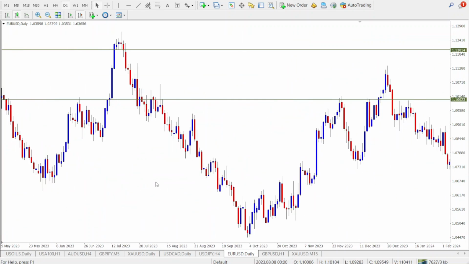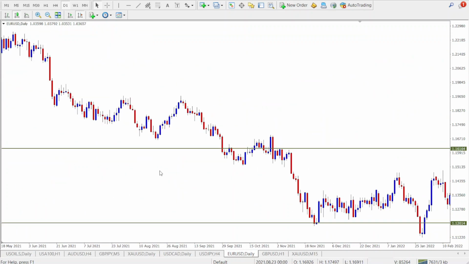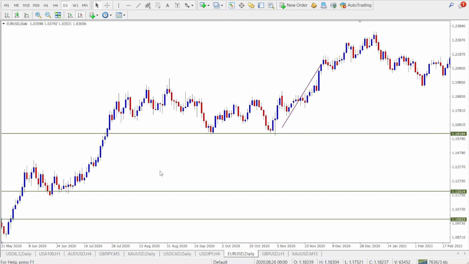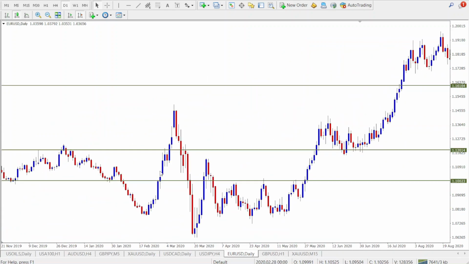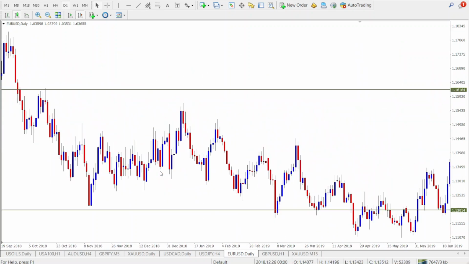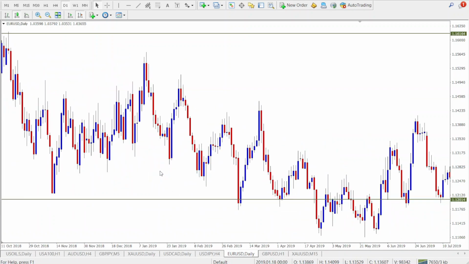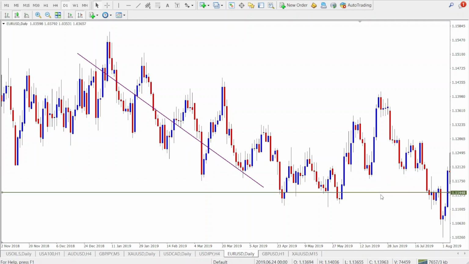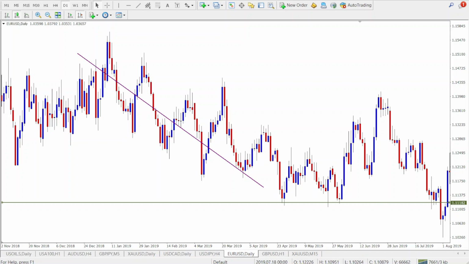Now, for a double bottom, you look for a downtrend. You can see what happened here. We have a downtrend, so you look for a downtrend before the pattern appears.